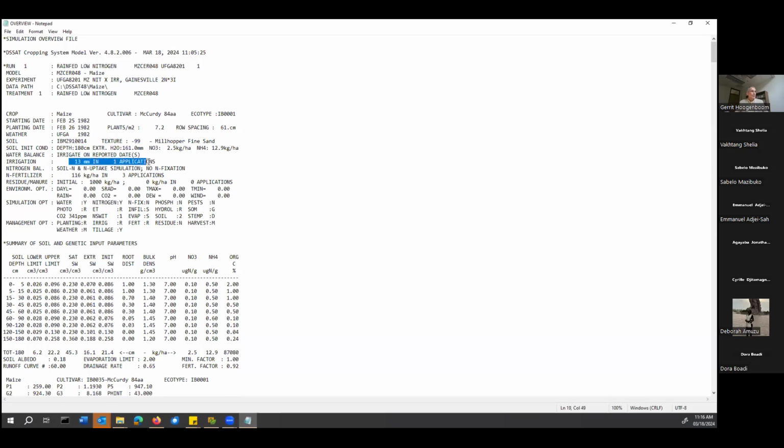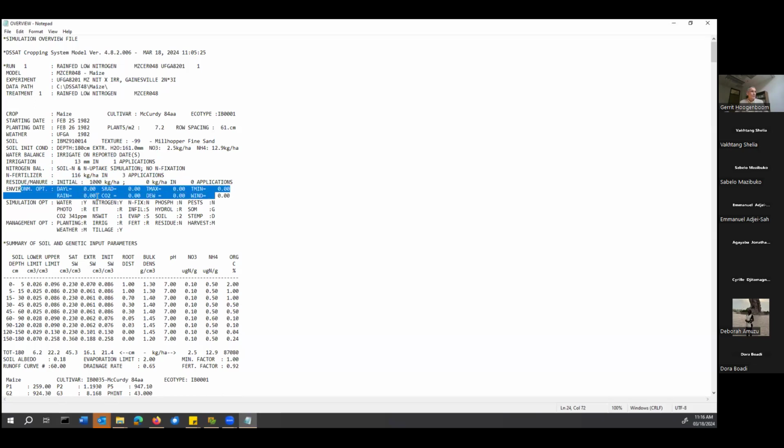Irrigation only once, 30 millimeters. This is the rain-fed conditions. And we're only applying 160 kgs of nitrogen. So this is low nitrogen, although maybe for your conditions still relatively high, but not for Florida, in 3 applications. We're not applying manure, except we have some initial residue present.